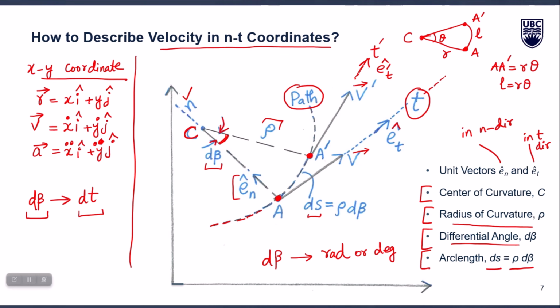Now we are ready to define velocity in terms of n and t coordinates using this new notation. We know that velocity is the change in displacement over the time considered, so it is the rate of change of displacement. If we divide this ds by dt, the incremental time change, we will get velocity, but obviously that will be the magnitude of velocity.